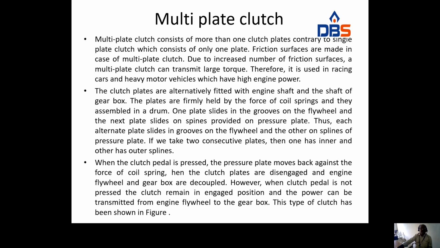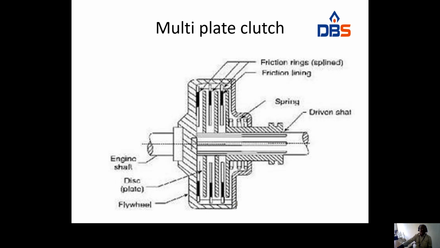Thus each alternate plate slides in grooves on the flywheel and the other slides on the splines. If you take two consecutive plates, one has inner and the other has outer splines. There are splines on the shaft as well as inside the flywheel. One plate moves over this shaft, and the other plate moves over the splines inside the flywheel.